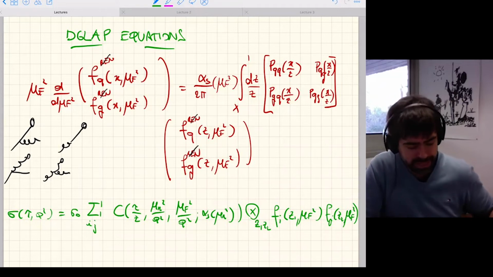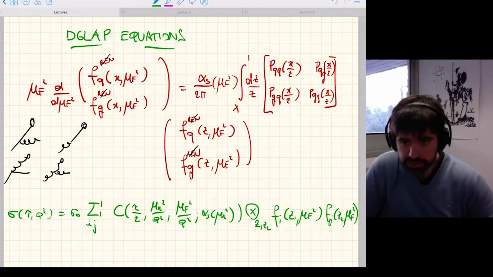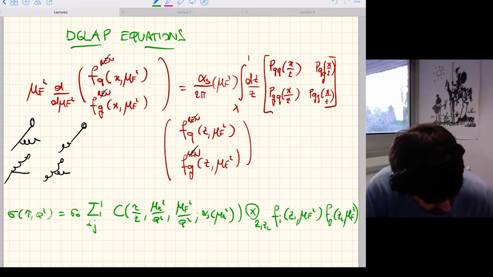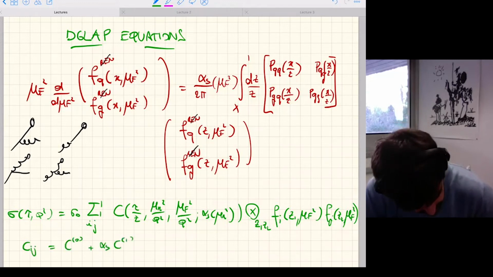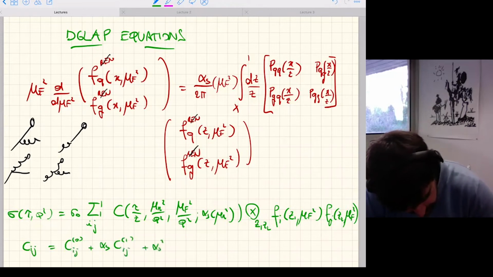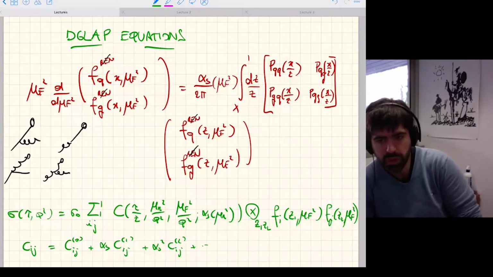So C_ij admits an expansion: C_0 plus alpha_s C_1 plus alpha_s squared C_2, and so on and so forth.